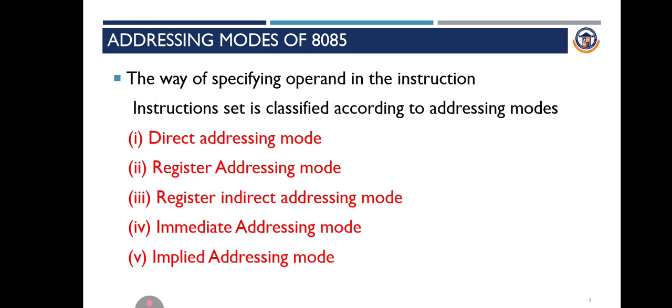The various addressing modes allow flexibility in how instructions interact with the data, making it possible to optimize performance, minimize memory usage, and reduce code complexity. These are the factors we have to consider for choosing the addressing modes and the instructions for creating a program. We have different types of addressing mode: direct, register, register indirect, immediate, and implied addressing mode.